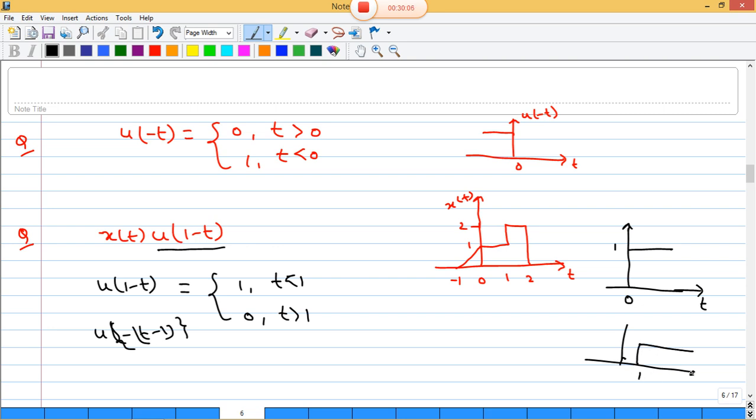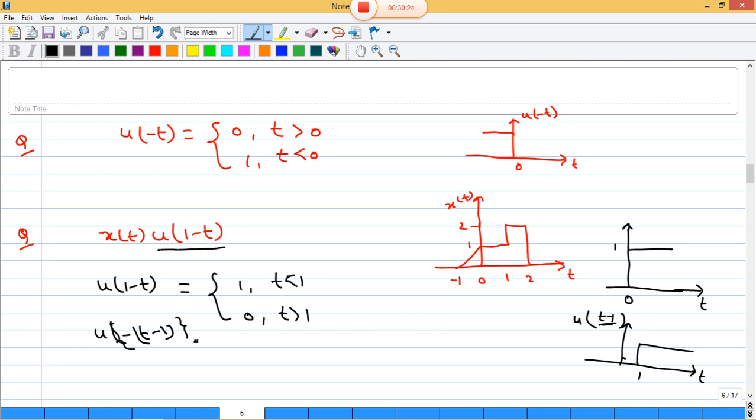It looks like this. This is for the t minus 1 section, u of t minus 1. But in our signal, it is u of minus of t minus 1. Then what?